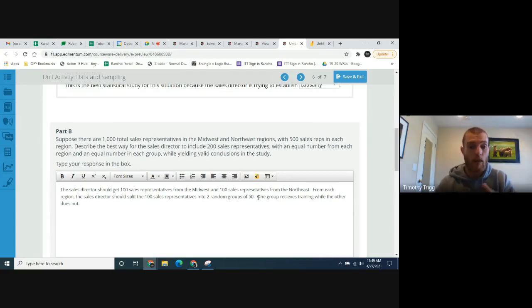And then you're going to compare. One group of 50 receives training while the other does not, and this is for both regions. I hope this kind of makes sense.